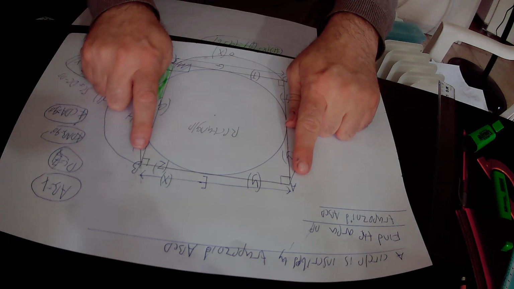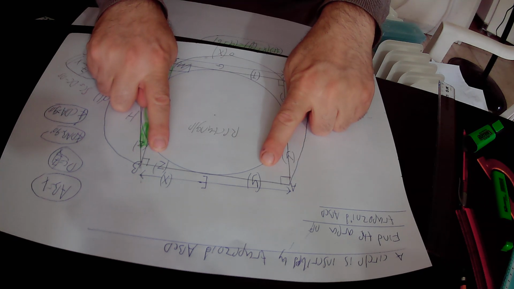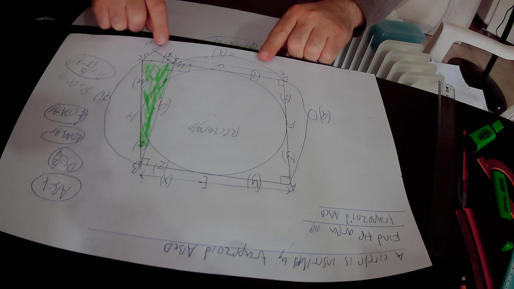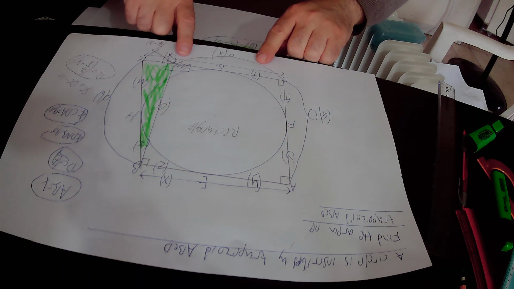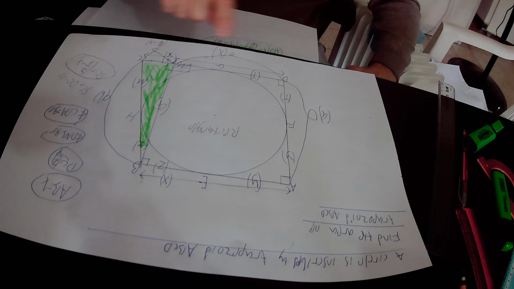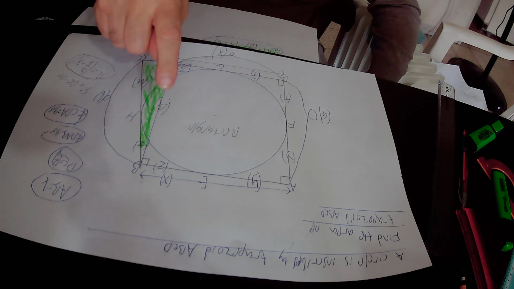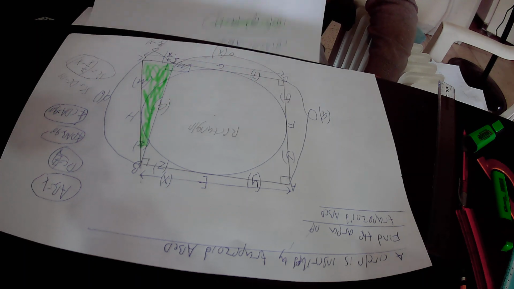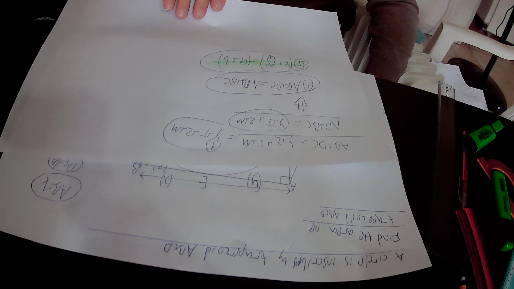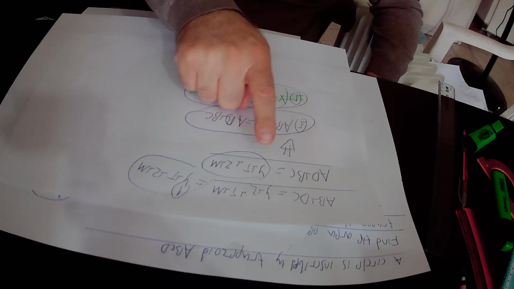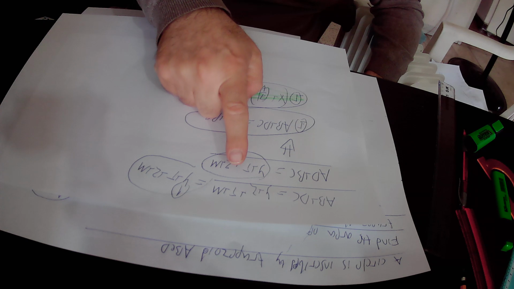AB equals Y plus Z. DC equals T plus M. So in total, AB plus DC equals Y plus Z plus T plus M.